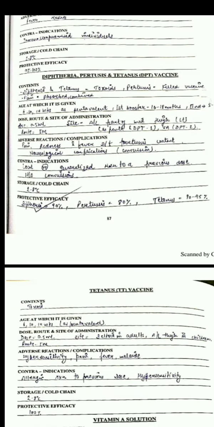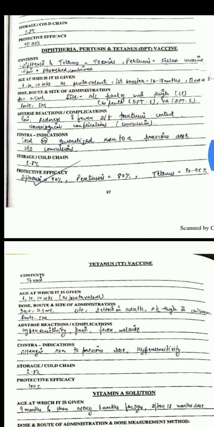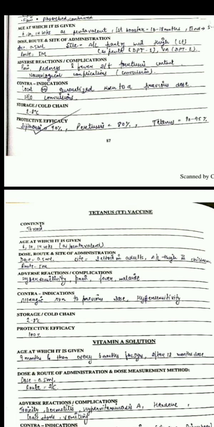Adverse reaction: pain, redness, fever due to pertussis content, and neurological complications, convulsions. Then contraindication is localized or generalized reaction to the previous dose and history of convulsions. 2 to 8 degrees centigrade is the temperature at which it is stored, and protective efficacy: diphtheria 90%, pertussis 80%, and tetanus is 90 to 95%.